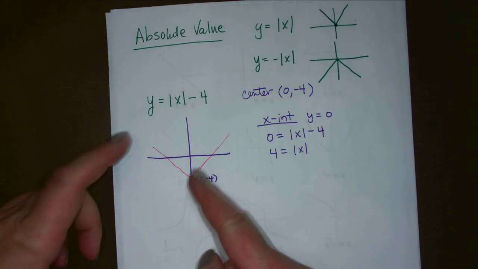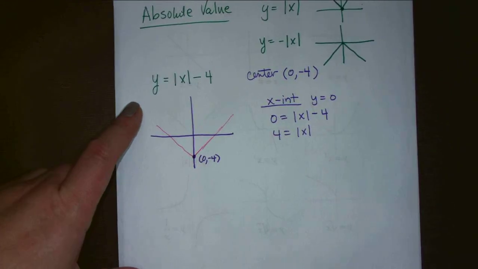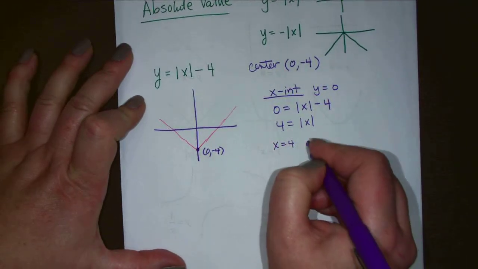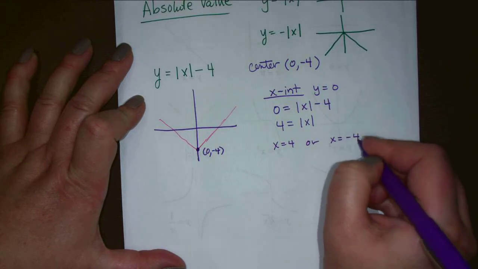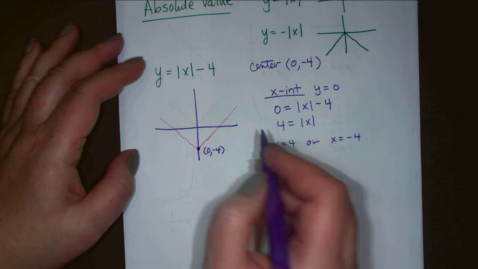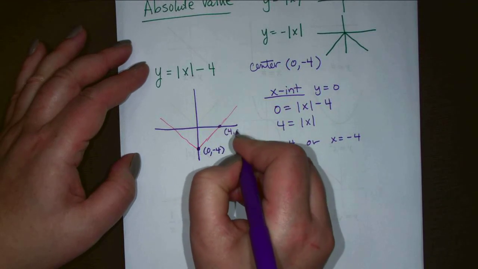It gives you 2 points. So that was the two cases that we did when we solved these. The inside x has to equal 4, or the inside x could be minus 4, right? There's nothing to solve here. We just need their two answers. So these are 4 and minus 4.